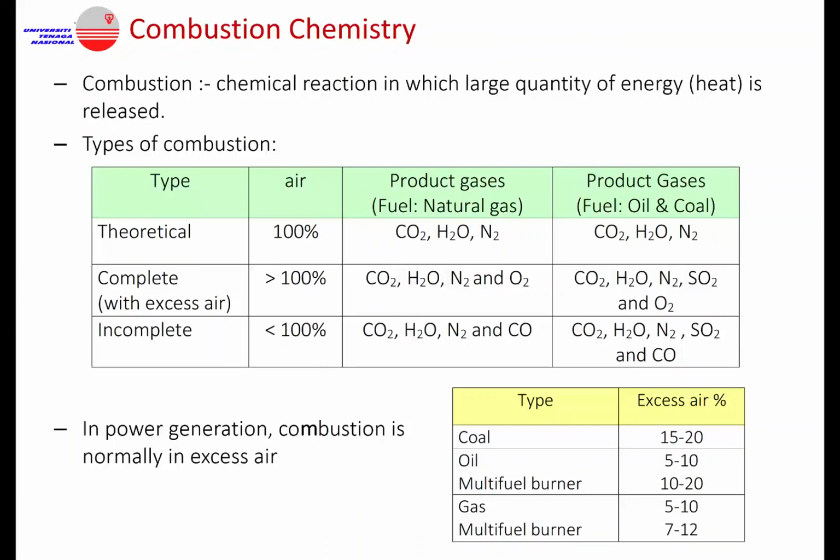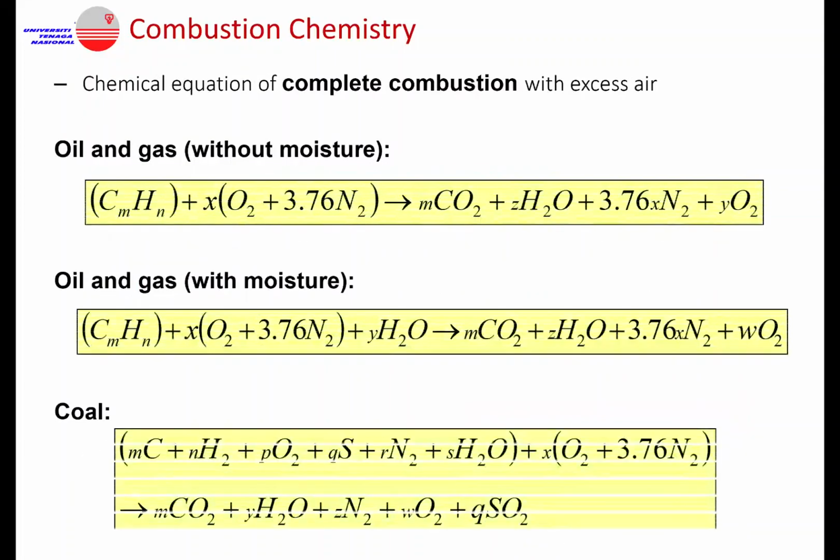When fuel doesn't combust, we are losing energy. So it is extremely important that combustion is complete, that all the fuel is completely combusted. One way to increase the chances is to supply excess air, but the amount of excess air has to be just right.